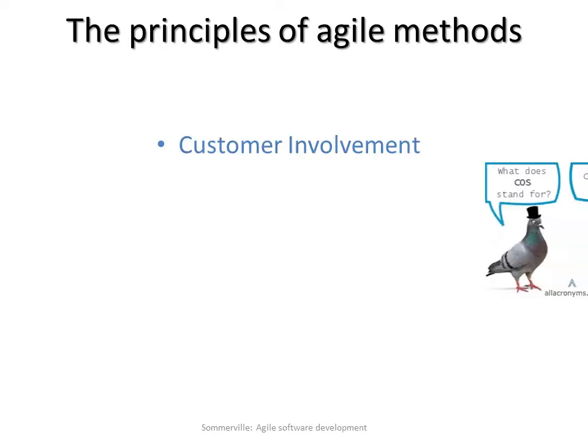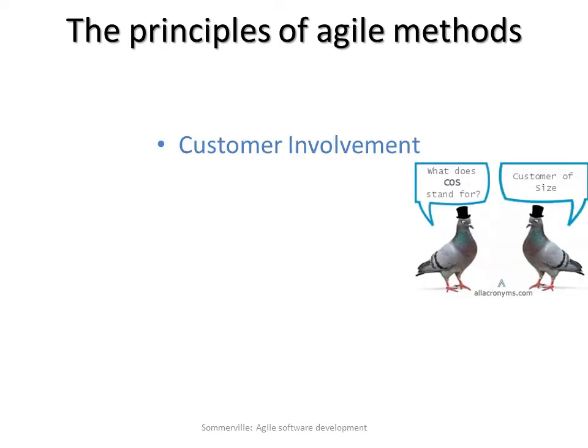We're going to go into the principles of agile methods, taken from Agile Software Development by Sommerville. Customer involvement: customers should be closely involved throughout the development process. Their role is to provide and prioritise new system requirements and to evaluate the iterations of the system.